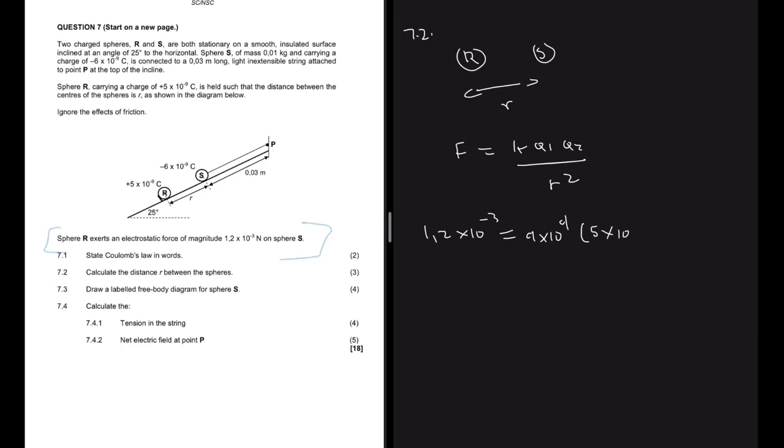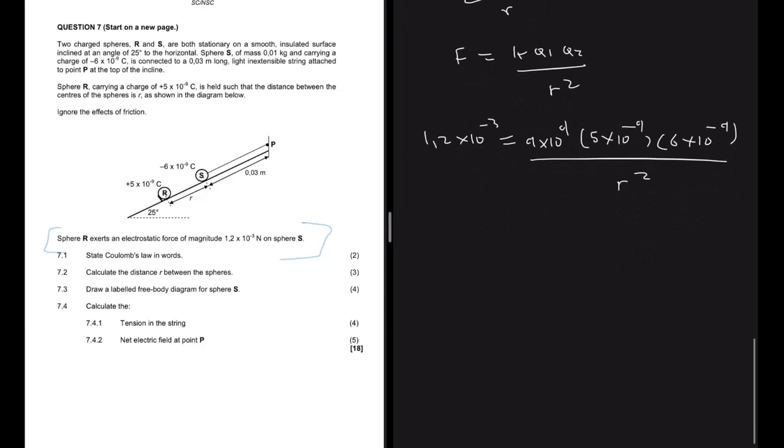So R's charge is 5 times 10 to the minus 9 multiplied by the charge of sphere S, which is minus 6. But on electrostatic force, we are only interested in the magnitude. So in this instance, there's no need to include the sign. So it's just going to be 6 times 10 to the minus 9 divided by r squared.